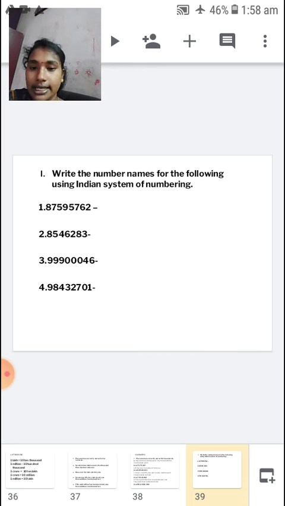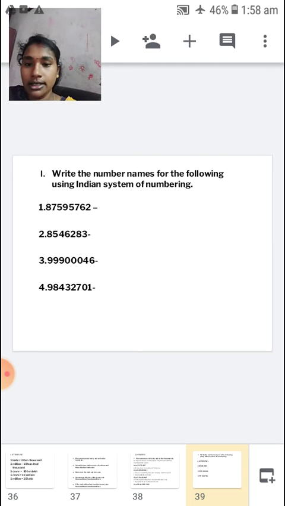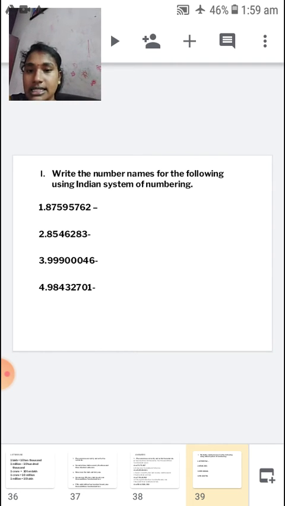How will you segregate this? 2 will be in ones place, 6 in tens place, 7 in hundreds place, 5 in thousands place, 9 in 10,000s place, 5 in lakhs place, 7 in 10 lakhs, and 8 will be crores.